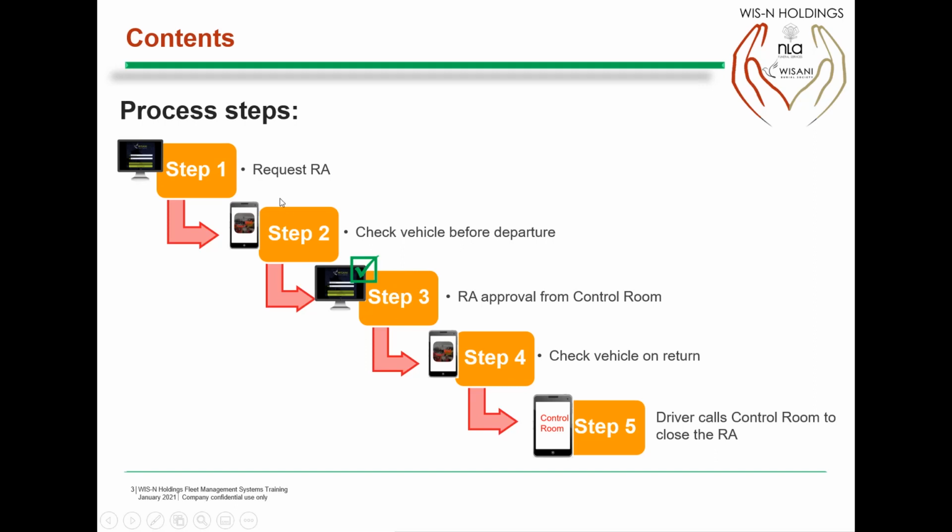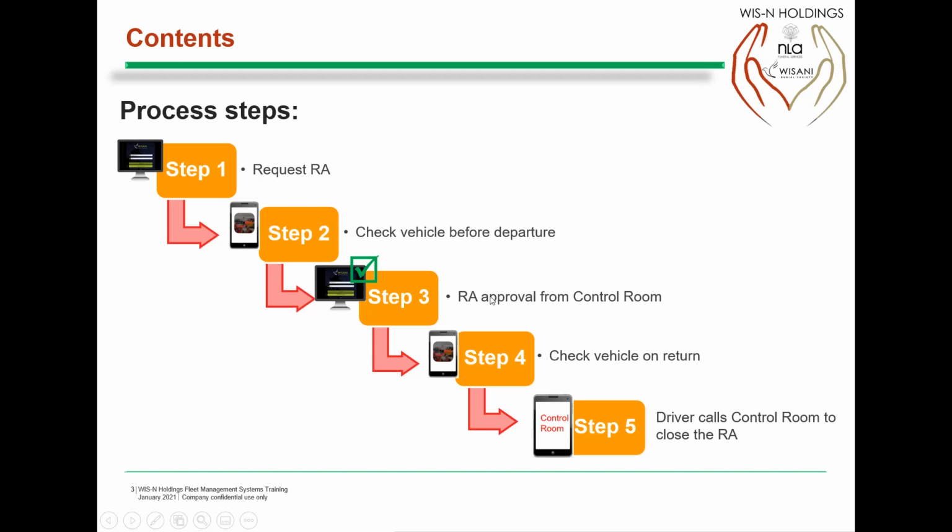So in other words, they will see that you've requested a route authorization, and they will also see that you have checked the vehicle. Then only will they approve the route authorization. You will have to go back into the system to see if the route authorization has been approved. Once that route authorization has been approved, then only may the driver leave the premises.